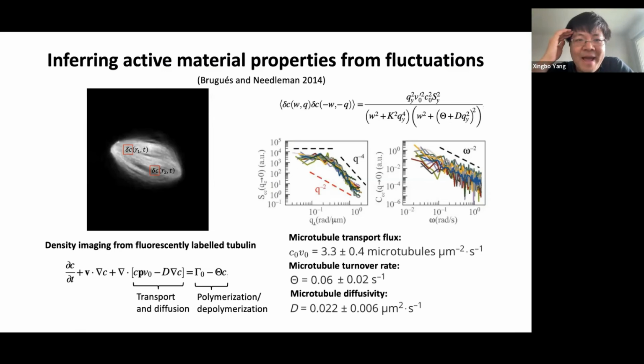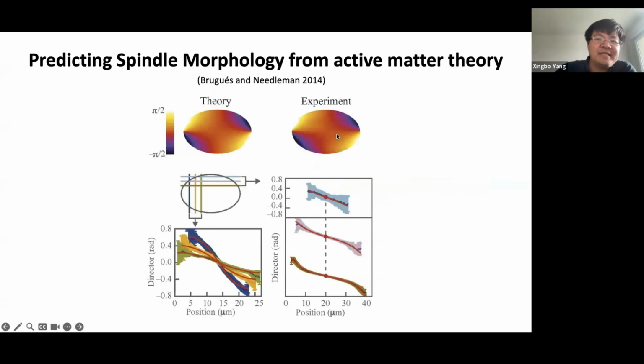So this is the power of active matter theory in application to real systems. But one more thing: beyond active fluctuations, you can even look at the steady state values of those polarities.